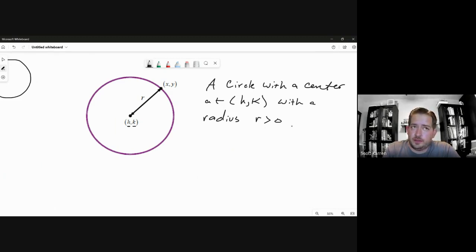But if this is the case, we have a circle with a center at (h, k) and a radius of r greater than 0.